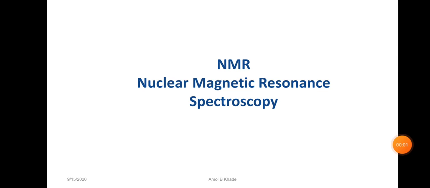Friends, welcome back to the second part of nuclear magnetic resonance spectroscopy. In the first part, we have seen what NMR is and why it is called nuclear magnetic resonance spectroscopy. We have seen the historical perspective and which nuclei are said to be NMR active, that is based on the spin quantum number.